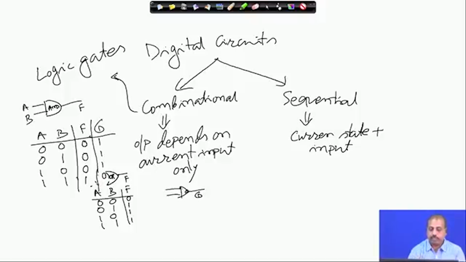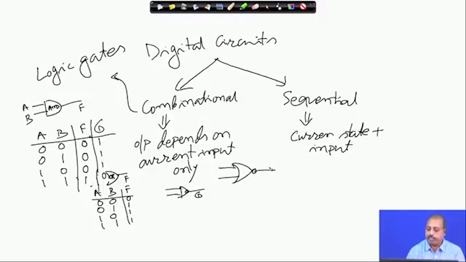So, that is the NAND function. Similarly, the NOR gate is nothing but the OR gate with an inversion at the output. So, this is the NOR gate.